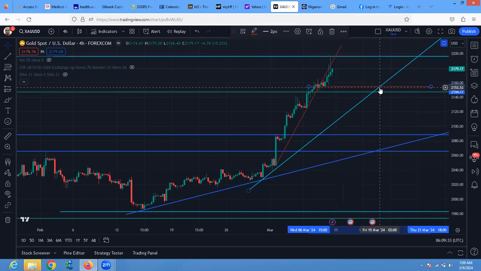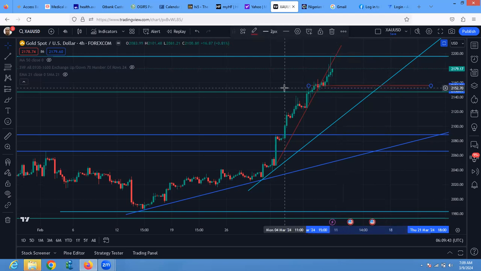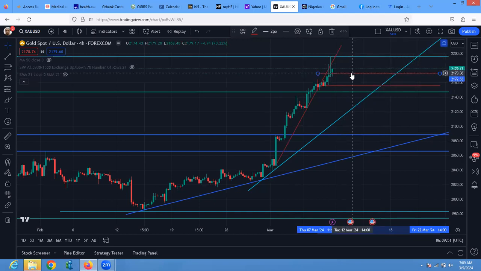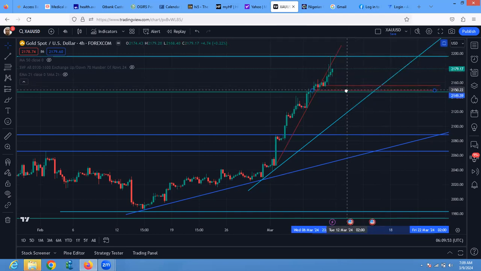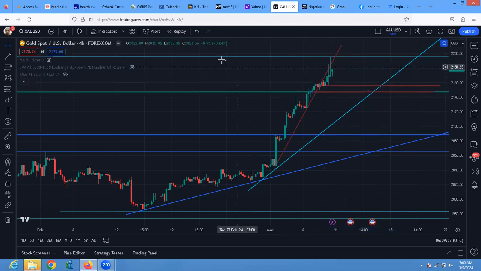The structure break is between here and here on the 4-hour time frame. So between here and here is the structure break now.